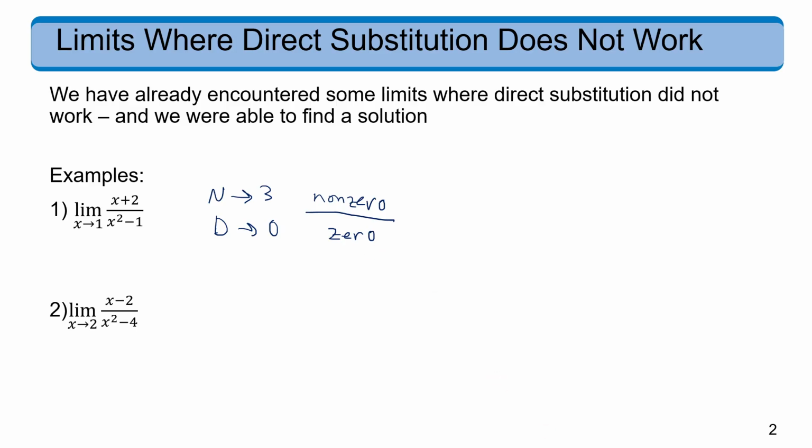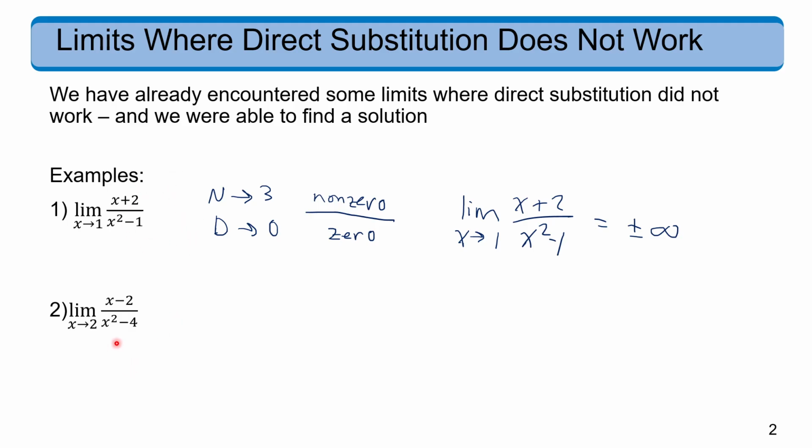So in this situation, we conclude this limit is going to infinity. We'd have to do a little more analysis to determine if it's plus or minus infinity, but we know it's infinite. That's an important thing to remember that will help you with limits. If the numerator is going to a non-zero number and the denominator is getting closer to 0, the fraction as a whole is becoming infinitely large.